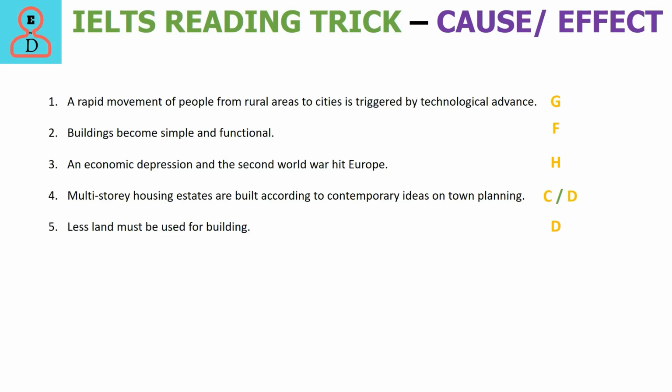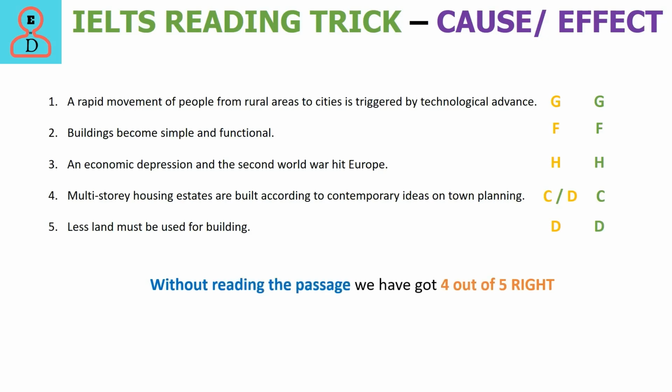Now let's have a look at the actual answers. Lo and behold, 4 out of 5 questions are absolutely right. That is 80% accuracy, and that too without reading a single line from the passage and taking just a few minutes. Amazing, isn't it?